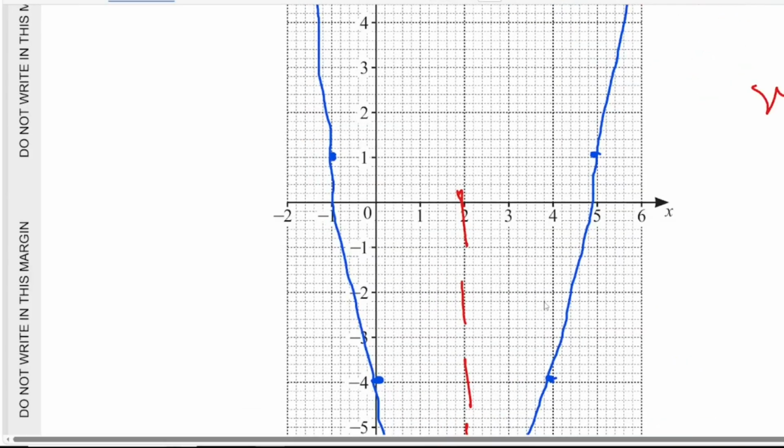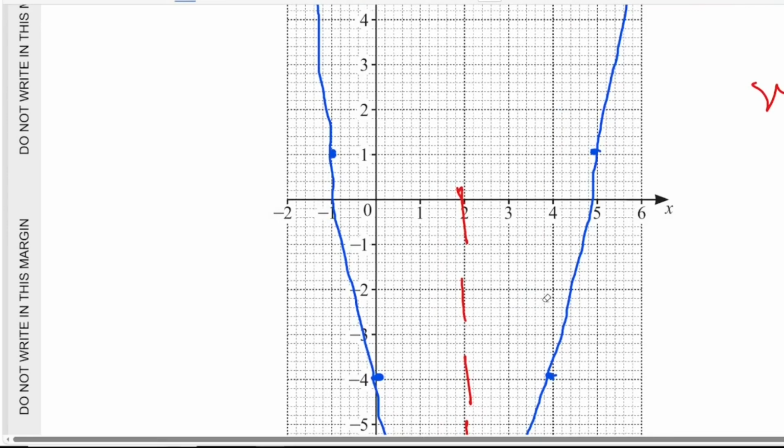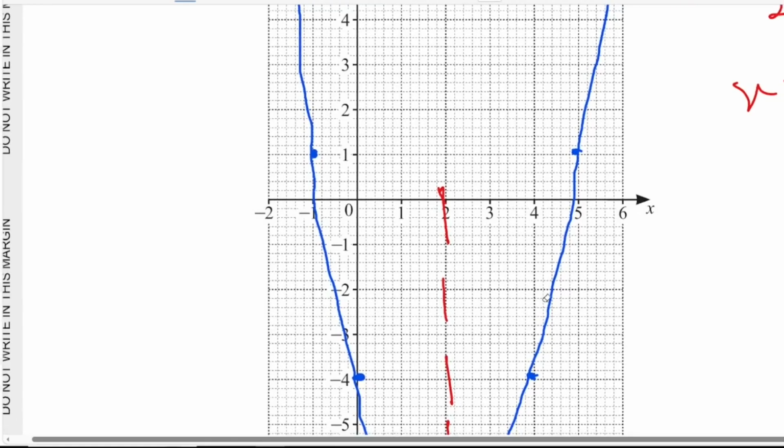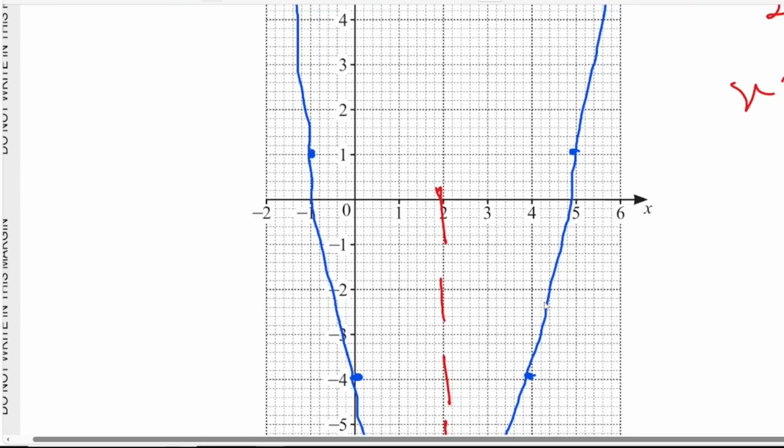So first it passes through this point and then it goes through this point. So the values you're supposed to get are x equal to, the point here, I think it should have gone somewhere here, is negative 0.8, somewhere in that area. And then the point here is between 4.8 and 5.